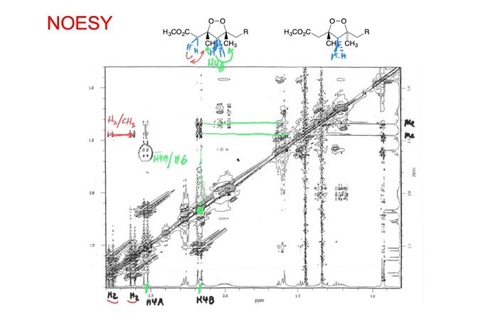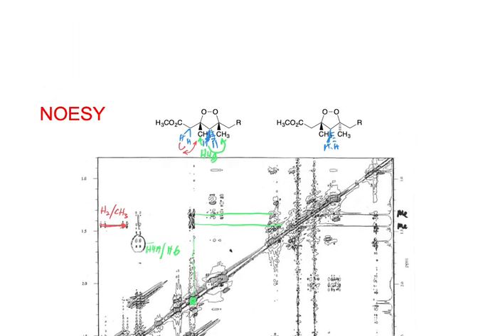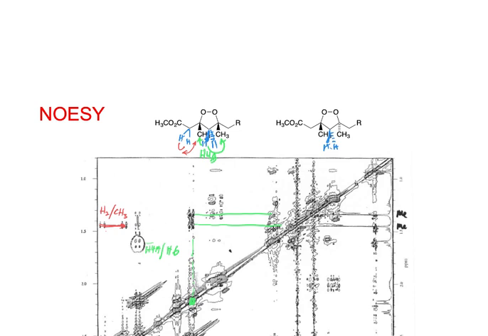And H4A would be this one, which is showing to H6 over there. Let me think about this. H4. Right, this is going to 6 right here.